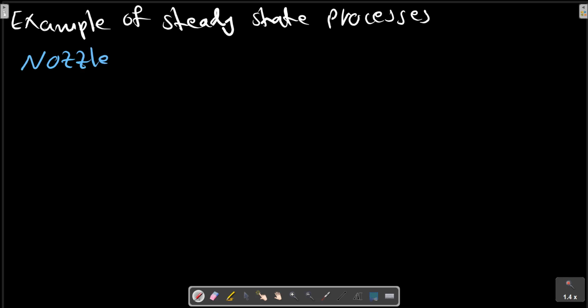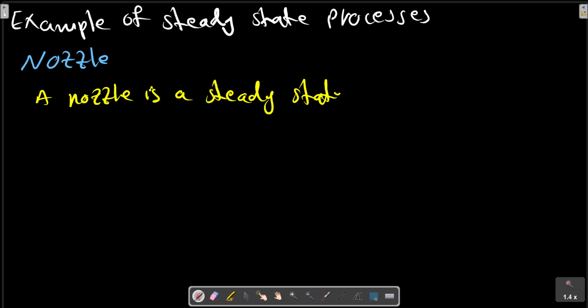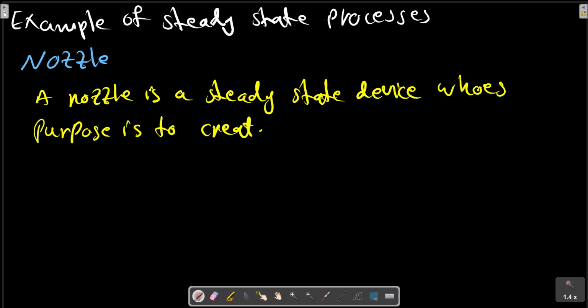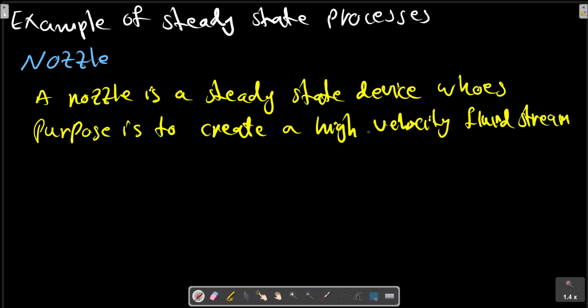A nozzle is a steady state device whose purpose is to create a high velocity fluid stream at the expense of the fluid's pressure.